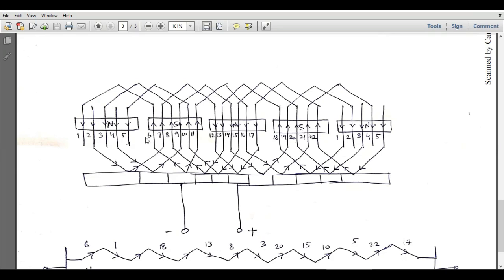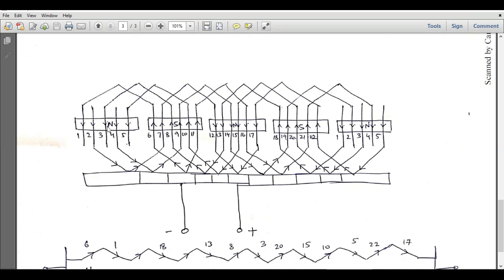In this way, we have used 5 conductors for this north pole and 6 conductors for this north pole. Similarly, we have considered 6 conductors for this south pole and 5 conductors for this south pole. So the total number of conductors in front of north poles is equal to 11, and the total number of conductors in front of south poles is also equal to 11. So 11 plus 11 is equal to 22.